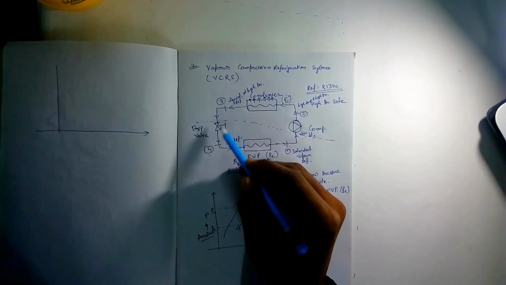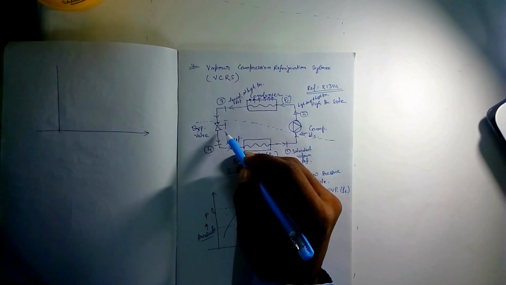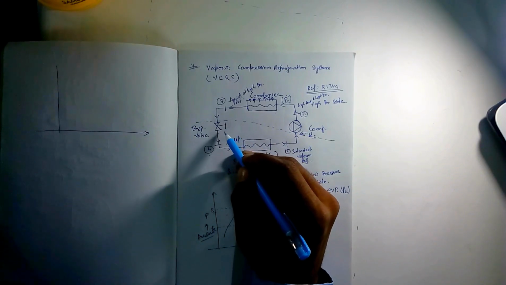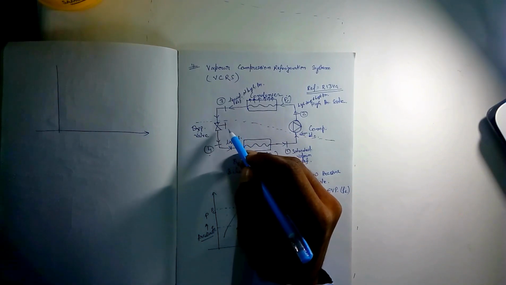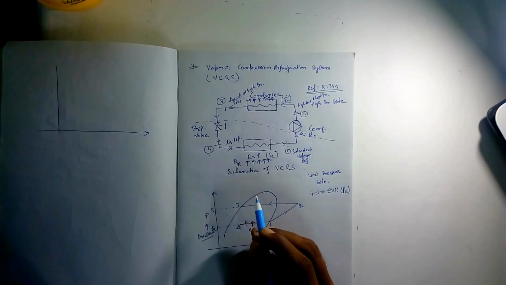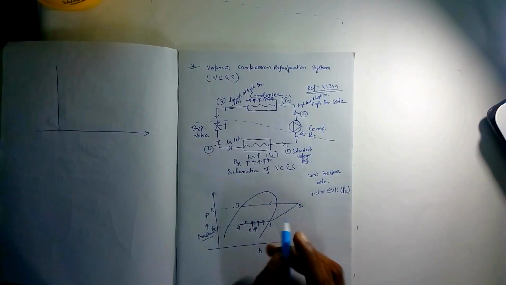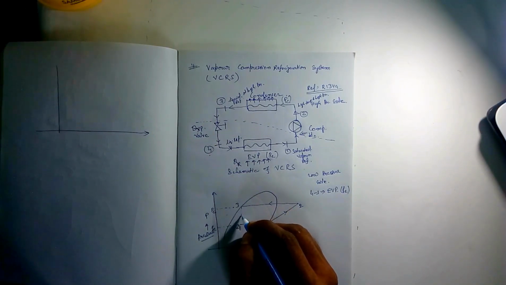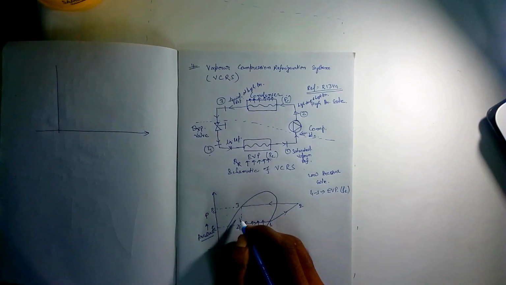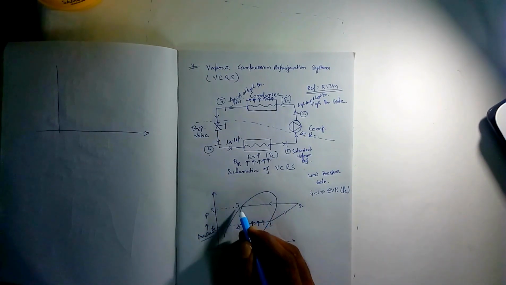Process 3 to 4 occurs in the expansion valve, and as I told you, this is a highly irreversible throttling process, so we draw it with a dotted line. Now we have completed our property diagram, 1, 2, 3, 4.